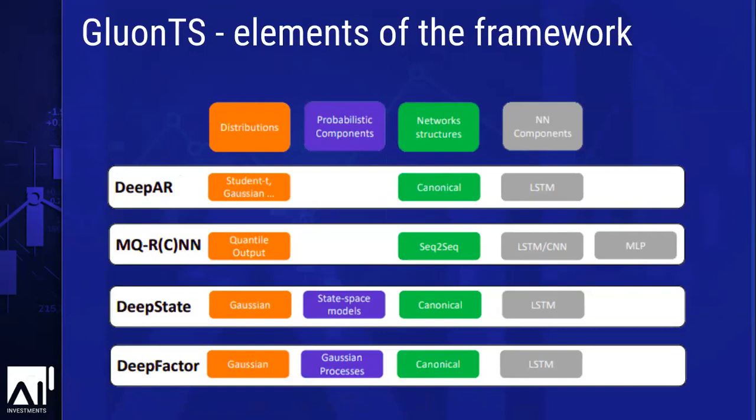So it is also very easy to start experimenting with that library and to make time series predictions using really advanced models, and also to experiment with different combinations of neural network structures, probabilistic estimation, and probabilistic distributions.